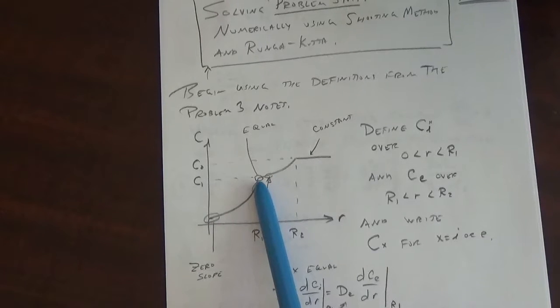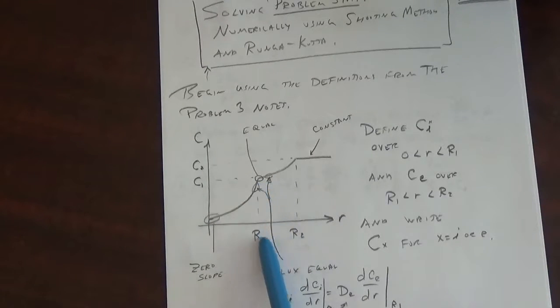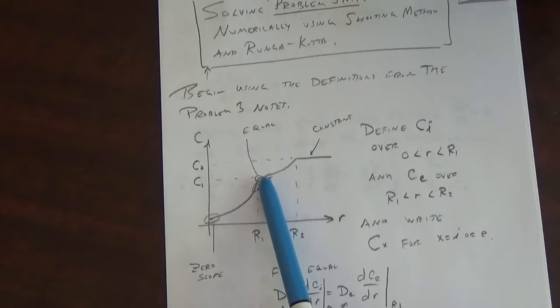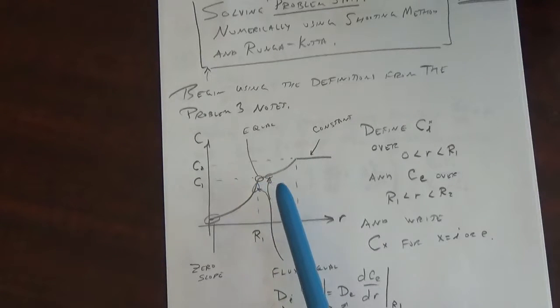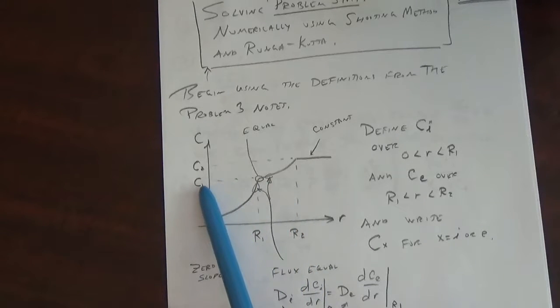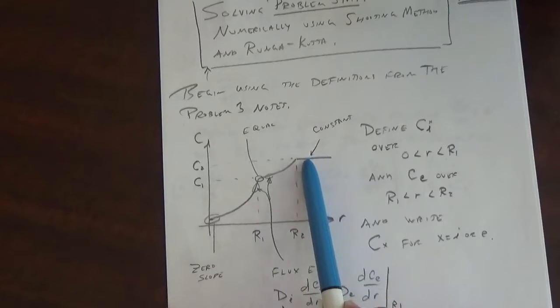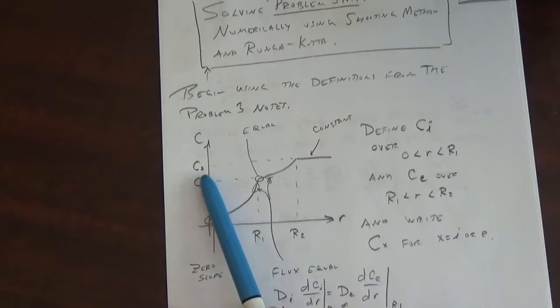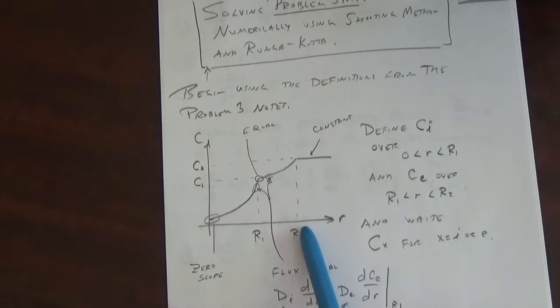At the boundary between the interior and exterior, the concentrations must be equal, so it has to be a continuous distribution, and we're calling that C1, and the surface here, we're calling that C sub 2 because it's at R2, and C1 at R1. And this only leaves us with 3 boundary conditions, and of course we're going to need a fourth one.